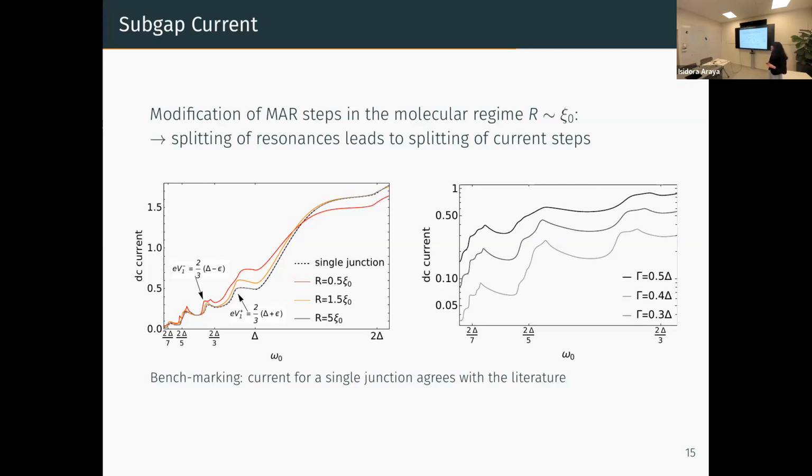If I increase the distance, I start to recover the single junction curve. It seems to be more visible if I have smaller tunnel couplings, of course, because the resonances are more narrow.